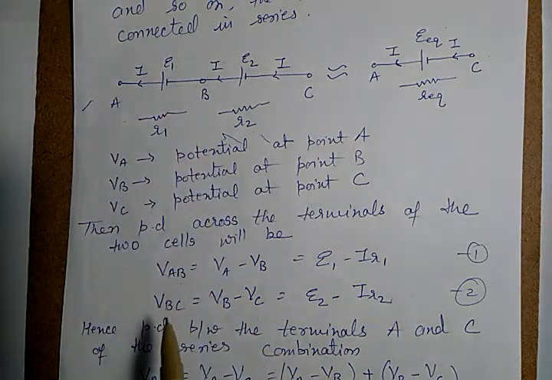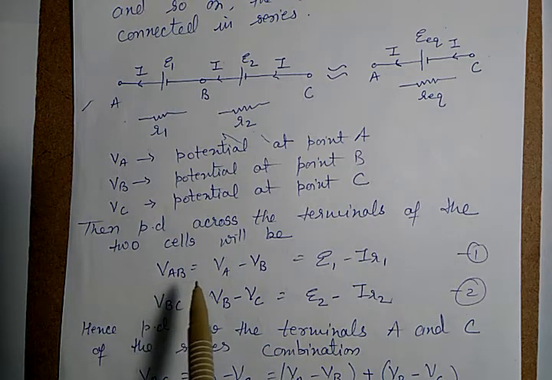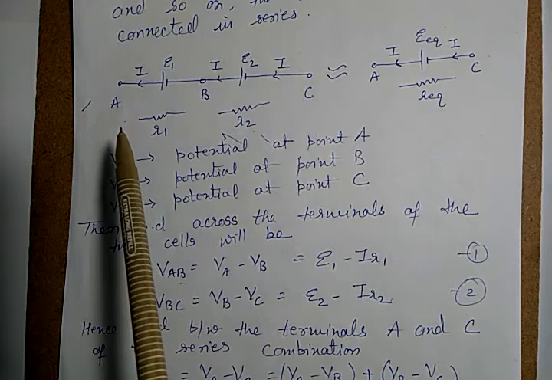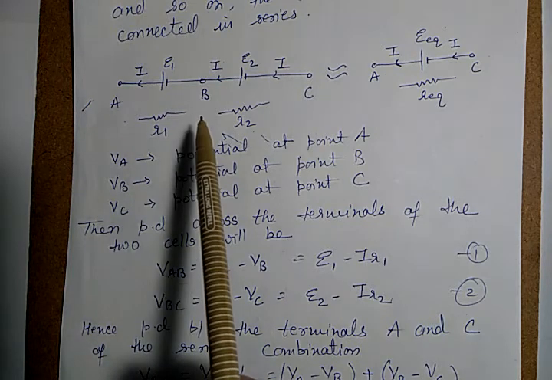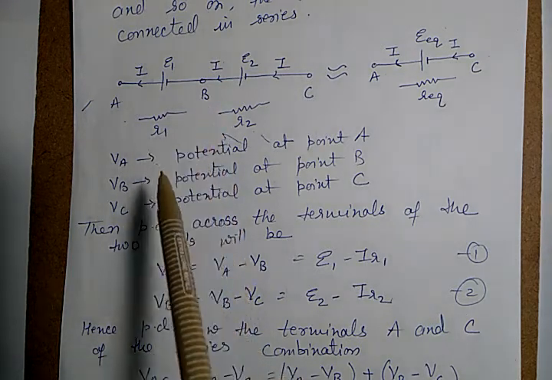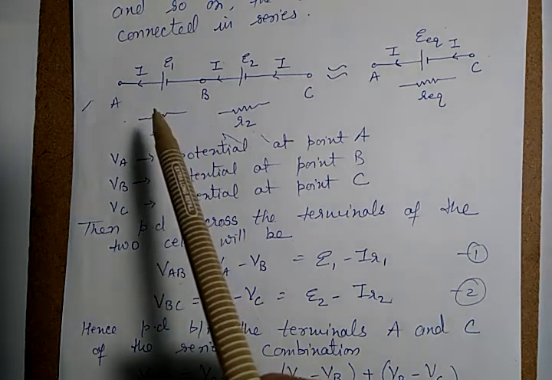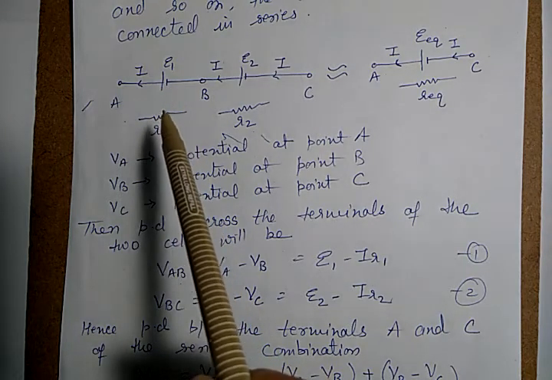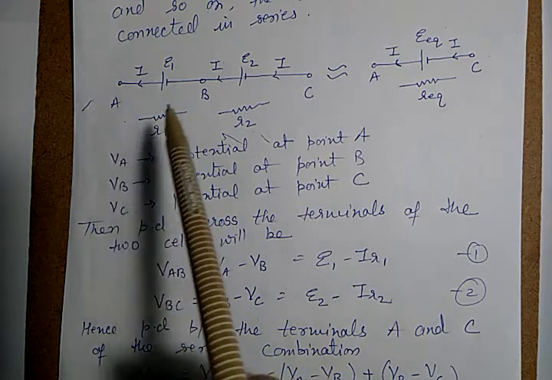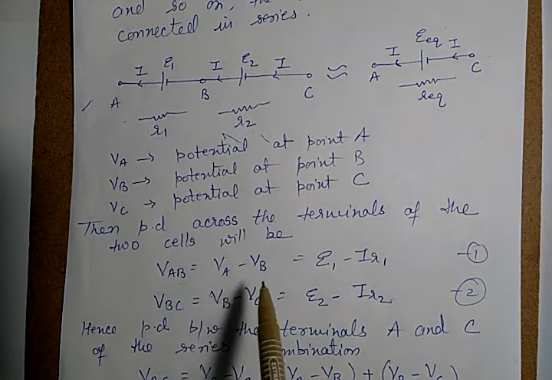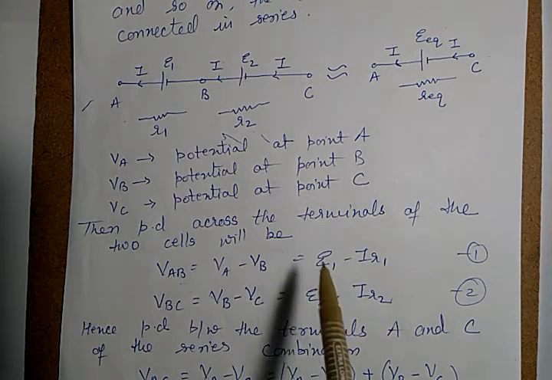Between A and B, the potential difference will be VA minus VB. Here we are considering that VA is at higher potential and VB at lower potential, because when the current is being drawn, there is a potential drop across the cell, so this will be more as compared to this.